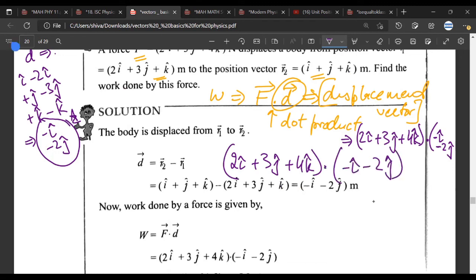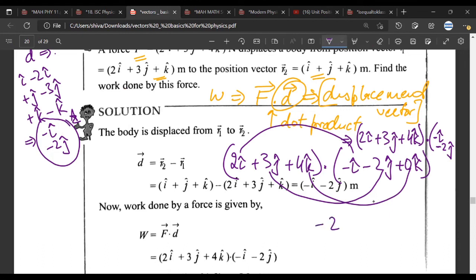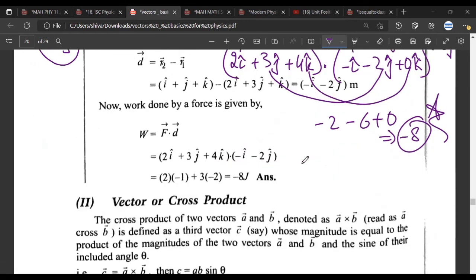I simply multiply these two, and this 4. I can write this as 0k, and I multiply these two. That is it. So my answer would be minus 2 minus 6 plus 0 is equal to minus 8. This would be my final answer. Ms. Avantika, is it making sense or not? Yes, sir. So the work done is minus 8 joules.